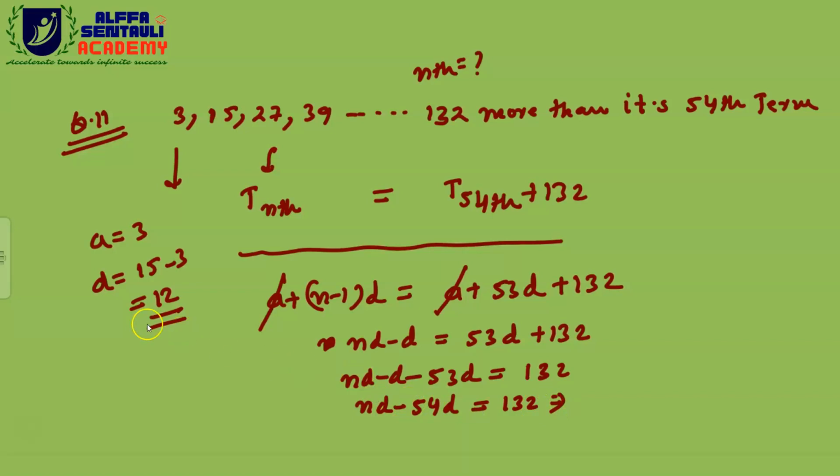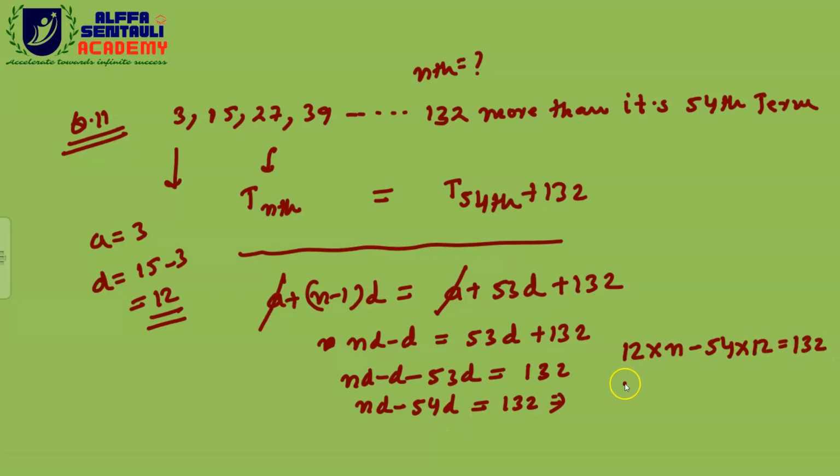Now substitute the value of d, which is 12. So 12 into n minus 54 into 12 is equal to 132.